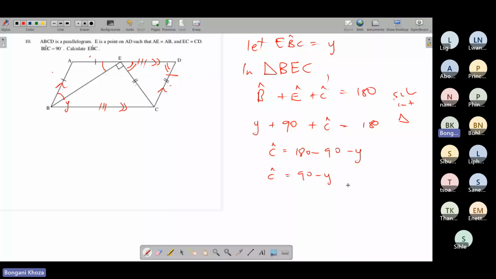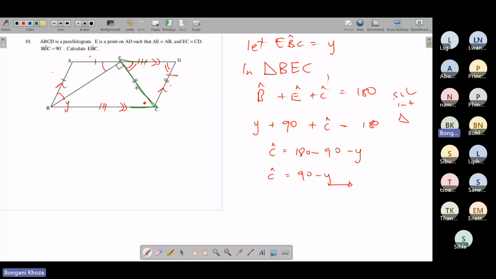So I have this angle. Now I know the value of this angle is 90 minus Y. Right, so let's move on. From there, what I can see, is yellow visible? No, yellow is not visible. Let's try green. This forms the Z over there. Can you see that? Yes.